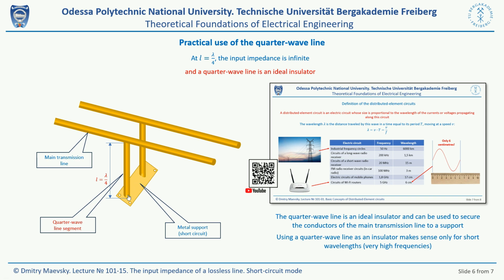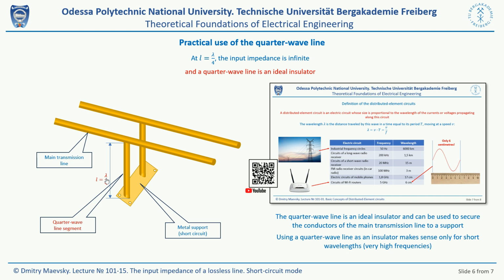Contrary to our intuitive beliefs, these thick copper wires are ideal insulators. To be precise, for them to be ideal insulators, their length must be a quarter of the wavelength of electromagnetic energy in the line.